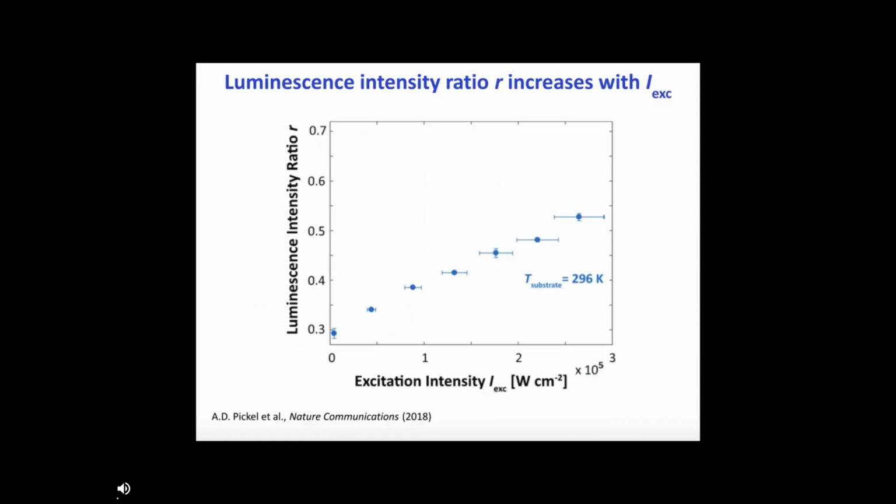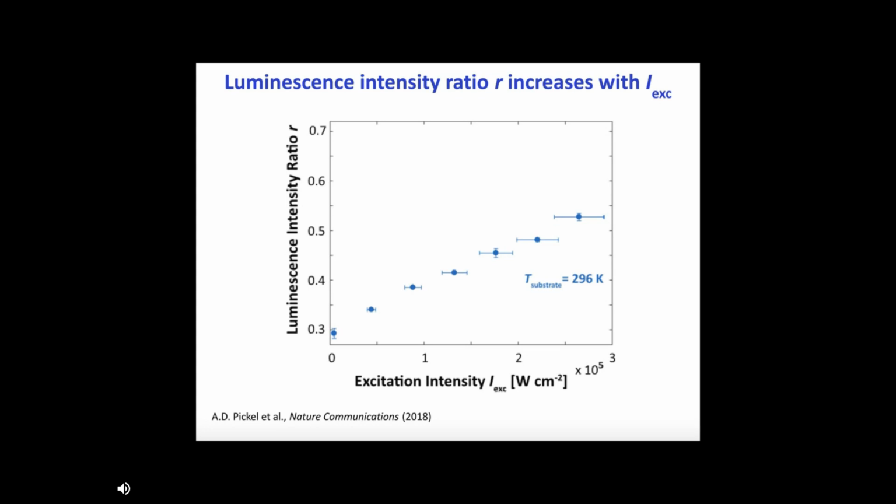However, when we actually started performing experiments where we measured the ratio as a function of excitation intensity, we saw something that was different than what we expected. So here you see the ratio measured as a function of excitation intensity, where our substrate temperature is fixed at room temperature, about 296 Kelvin.